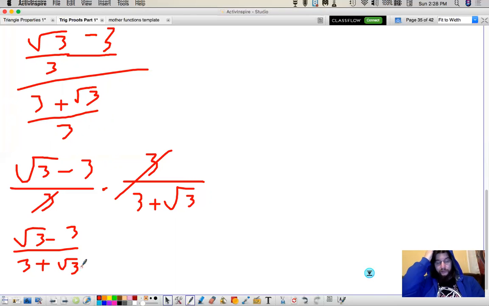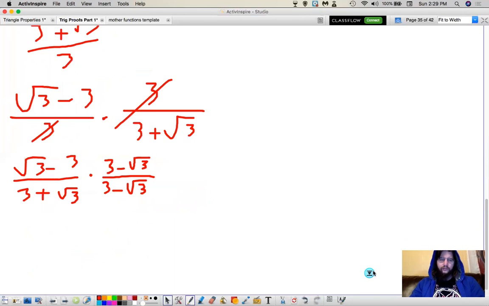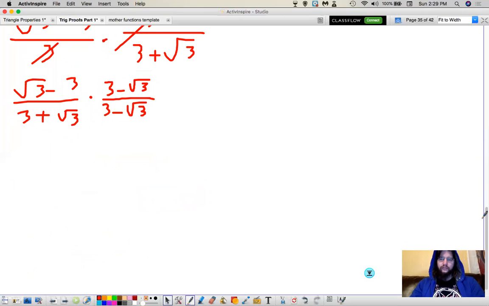At least we got rid of that fraction, so now we need to get rid of our radical in the denominator. Multiply by the conjugate. These are binomials, so might as well put them in parentheses when you're multiplying. That way you don't forget to distribute properly.